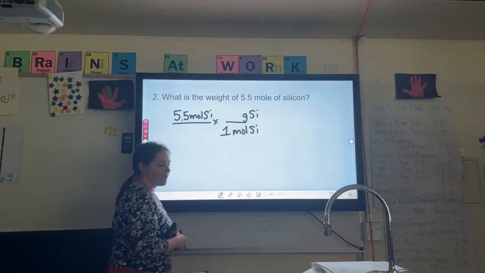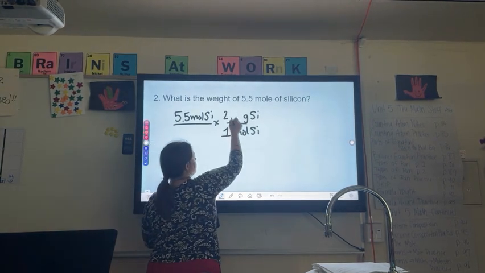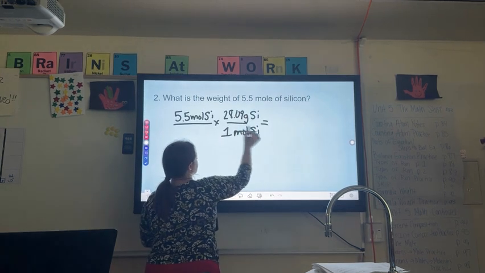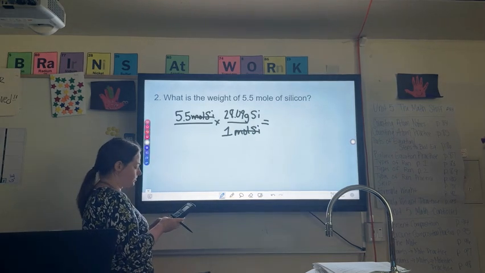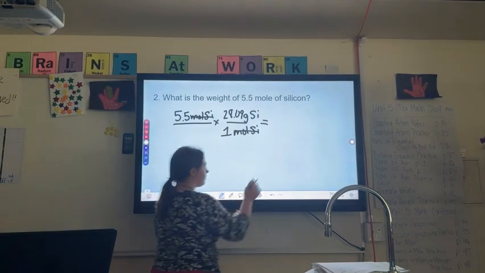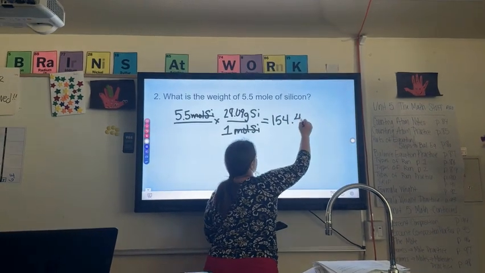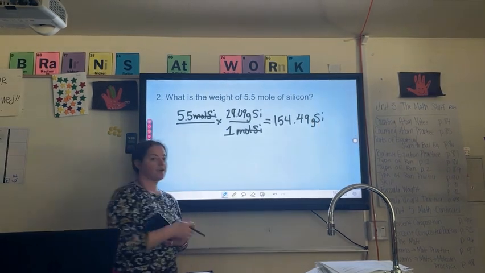The mass of silicon is coming from the periodic table, which is 28.09. Okay. Our moles cancel out, so then you're going to multiply. 5.5 times 28.09 is equal to 154.49 grams of silicon.